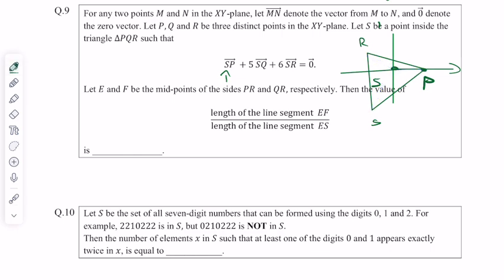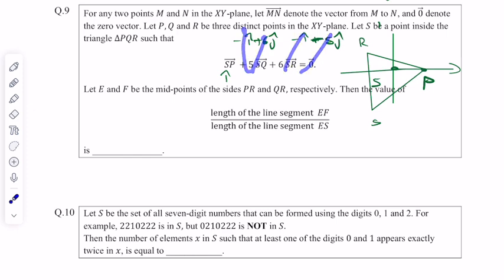So I can take SQ as, let's say, minus I cap plus 6J cap. I'll take minus I cap minus 5J cap. So with this, when I add these two, I can ensure this will cancel out.